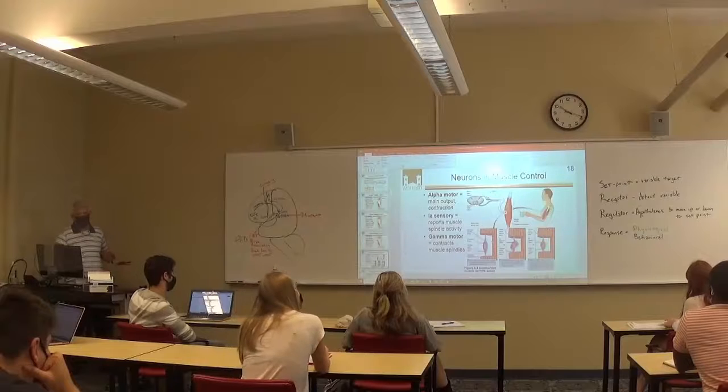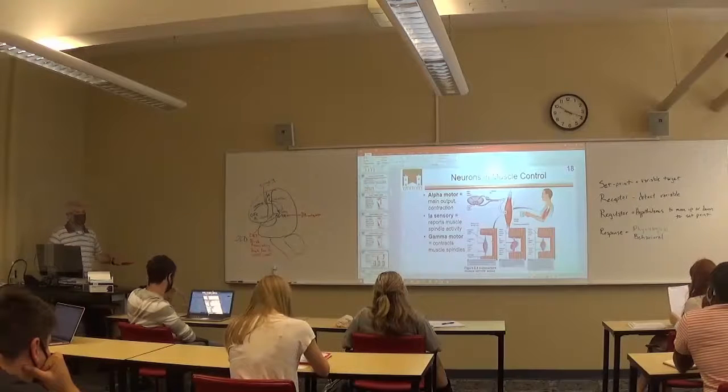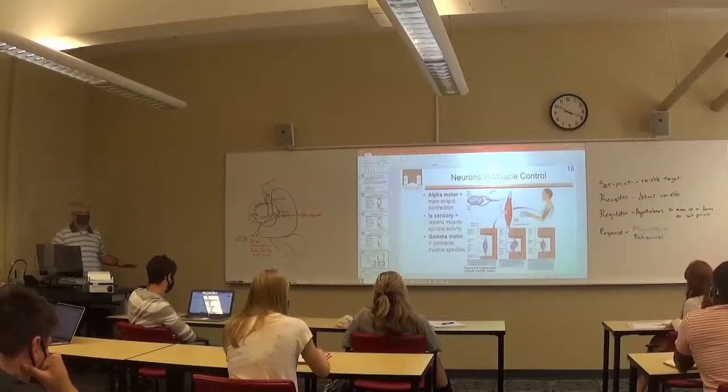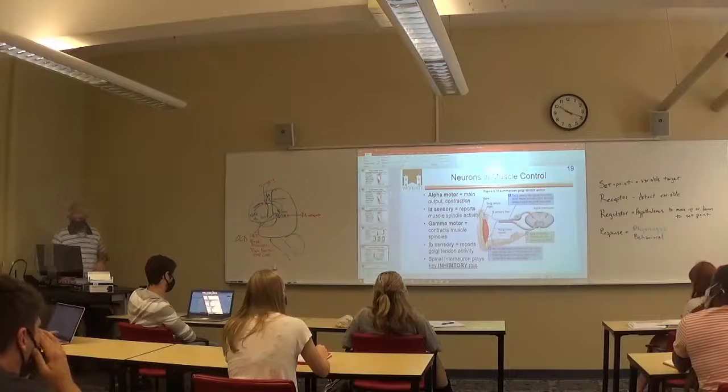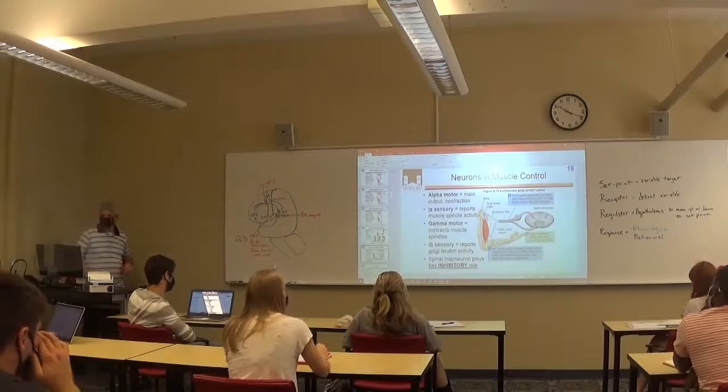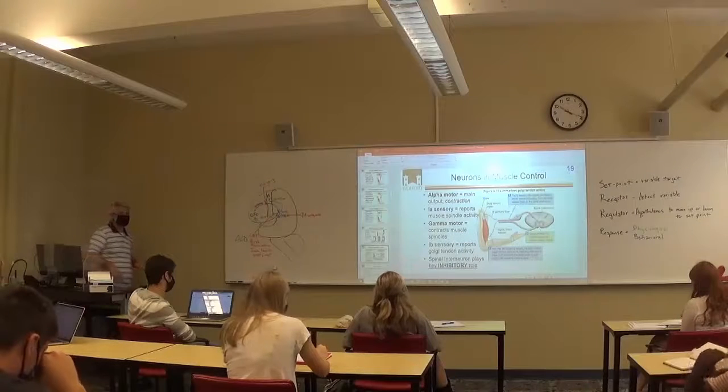So alpha motor neurons are causing the contractions at the neuromuscular junction, and the gamma motor neurons are contracting the motor spindles. Good?